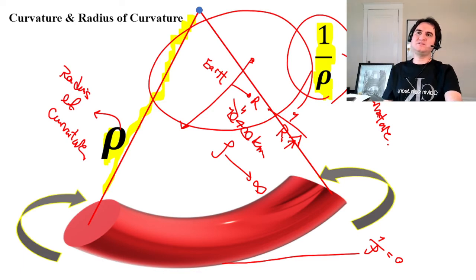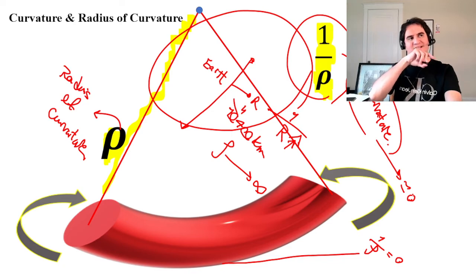But the point is, if R is going to a very high number, you don't feel that curvature. That's a curvature of almost zero. You cannot feel that if rho goes very high.